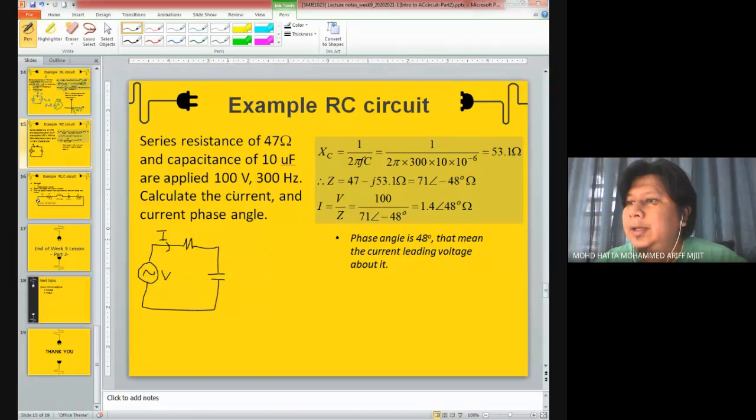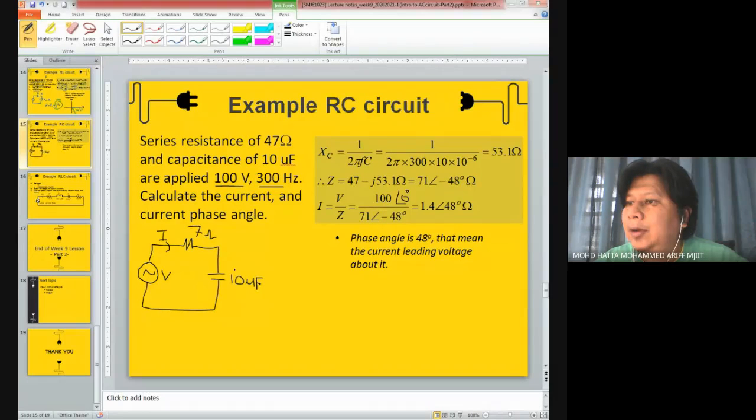The voltage is 100 volts with frequency of 300 hertz, and they never mention the angle. So that's why here you see the angle we regard as 0 degrees. And the capacitance is given by the value of 10 microfarad, and the resistor here is 7 ohm.